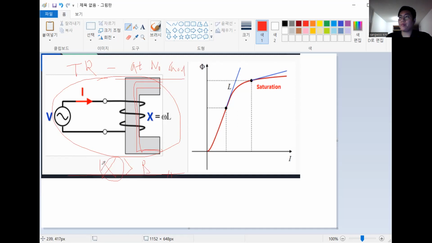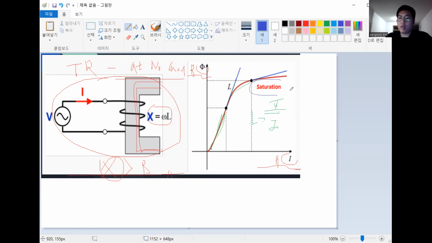X is really big. Here's a saturation curve. It could be a flux versus current curve, here's H or here's B, it's the same result, but you can see the slope here. The slope means L, flux over current, but we need to pay attention here.